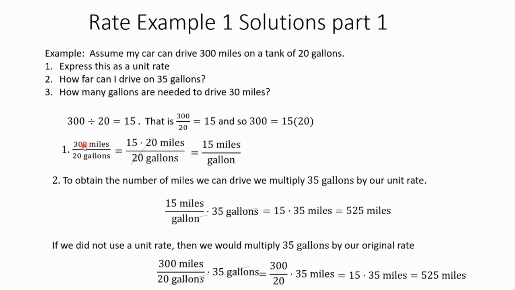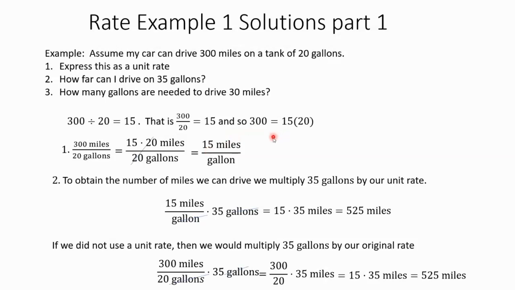Namely, we can divide 300 by 20 and we get 15, which is really the same as saying 300 over 20 equals 15. And so that really tells us that 300 is 15 times 20.